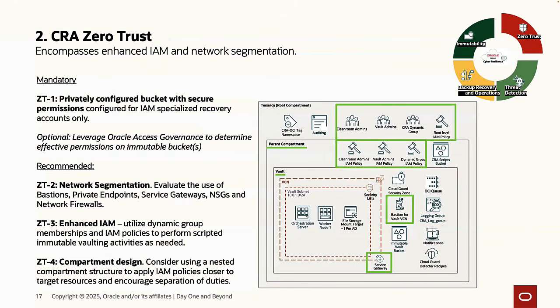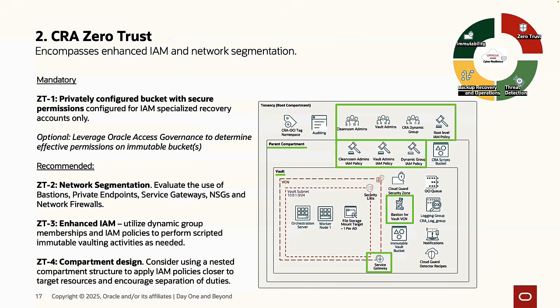The second domain is zero trust, and there's a lot of different components in here. So let's walk through these step by step. First, in addition to having that immutable bucket, you need to lock it down, as Kurt was recommending, to just the backup administrators who need to have access to the bucket that's inside that immutable vault.